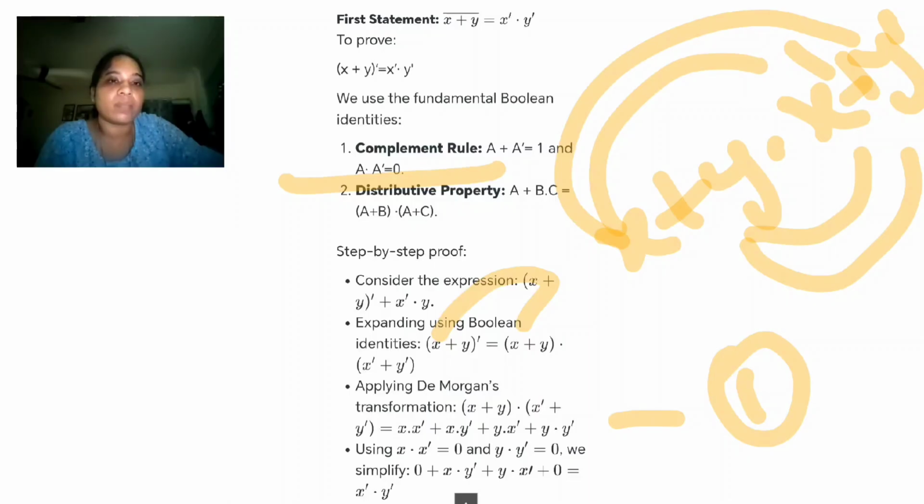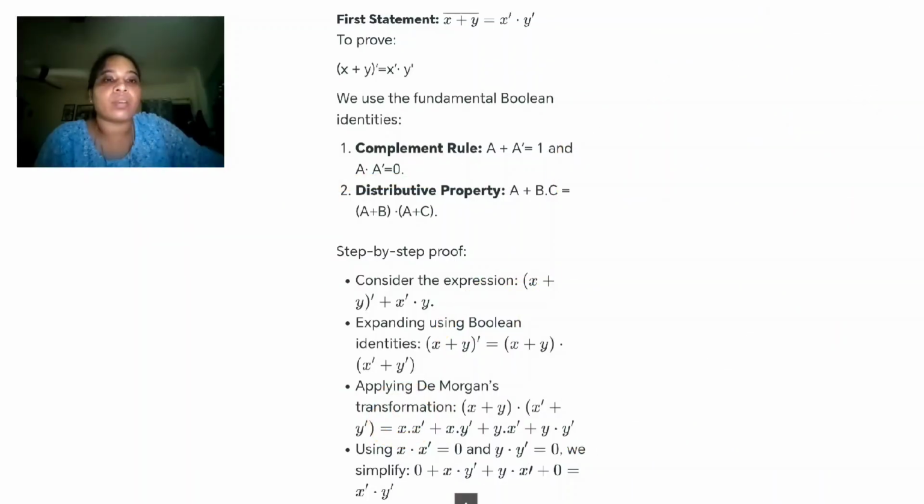Yes, here you can see, the first x dot x dash you can put the value 0, and same for y dot y dash. So both we can replace with the value 0, right? Remaining is x dot y dash plus y dot x dash, right?